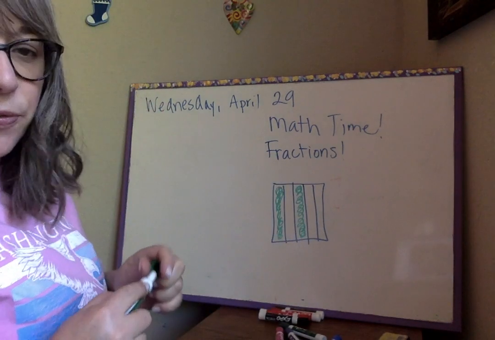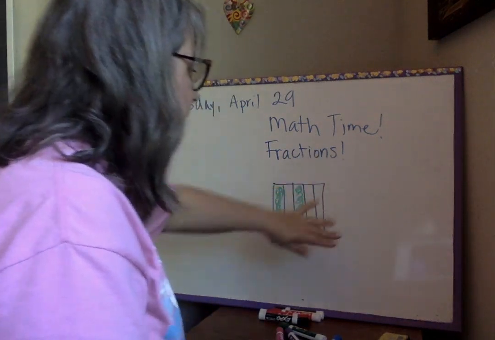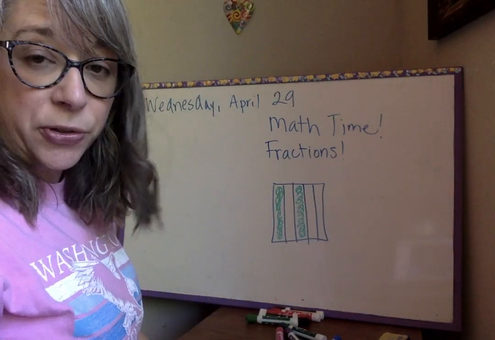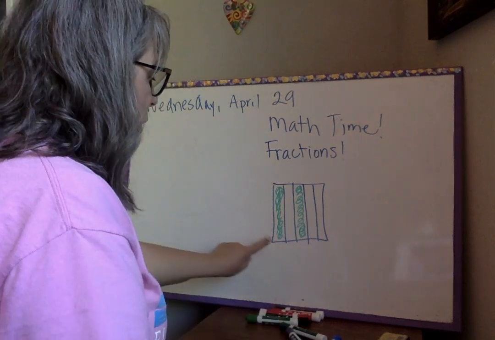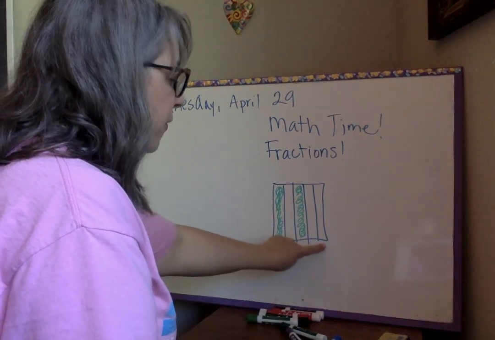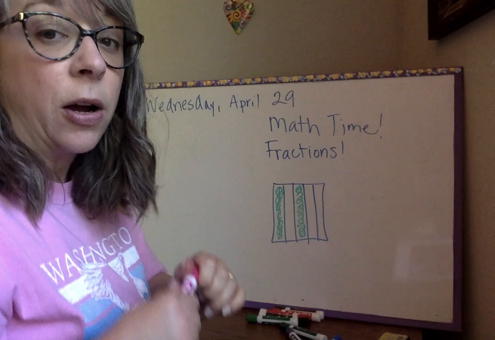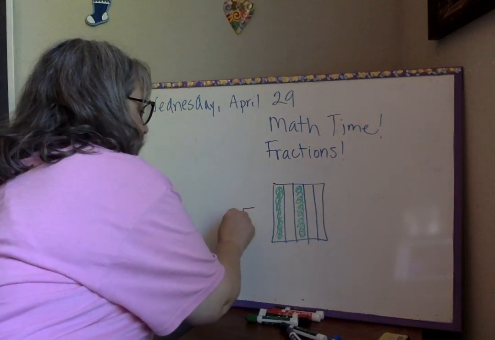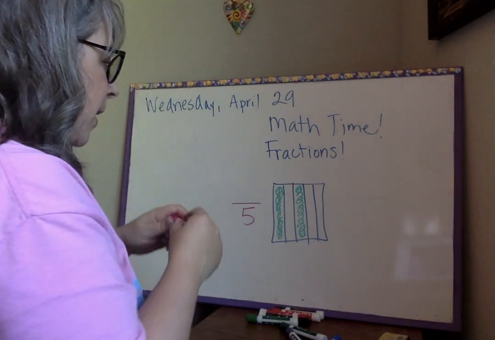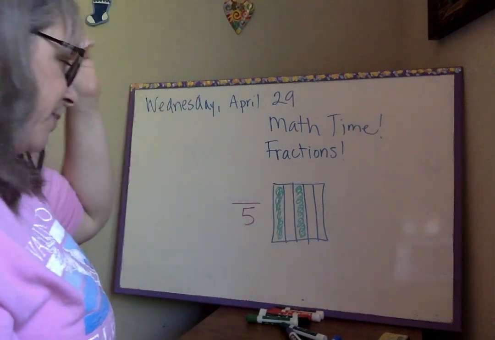If I were to write this as a fraction, what would that look like? Well, we need to know how many parts there are. How many parts are to that whole? 1, 2, 3, 4, 5. So our 5 is going to be our denominator, because that is how many parts we have to make the whole.